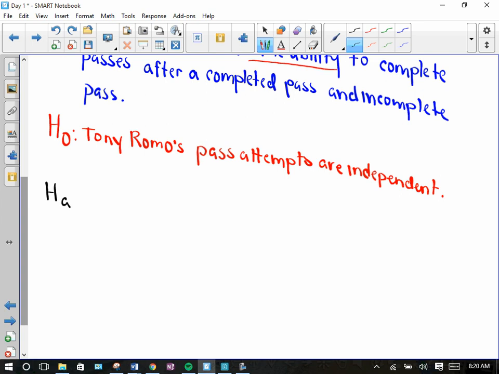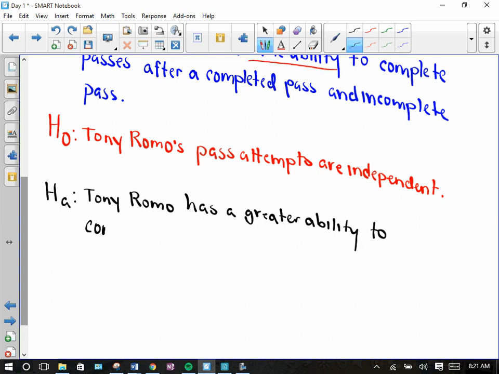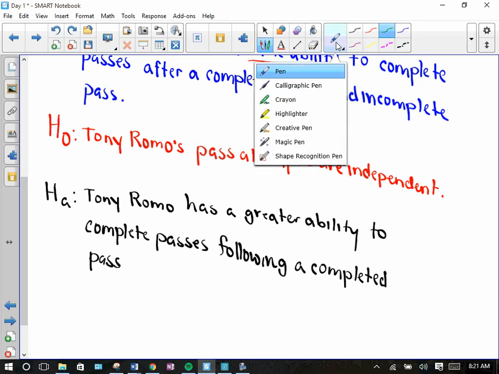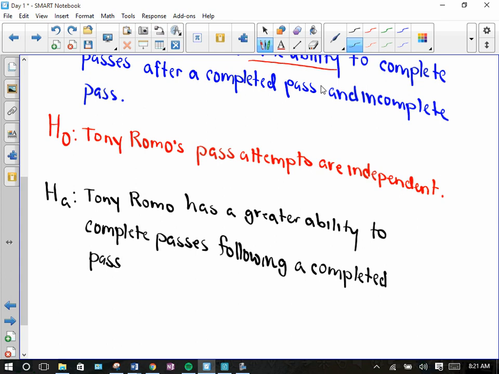So the alternative hypothesis would be Tony Romo has a greater ability to complete passes following a completed pass than following an incomplete pass.